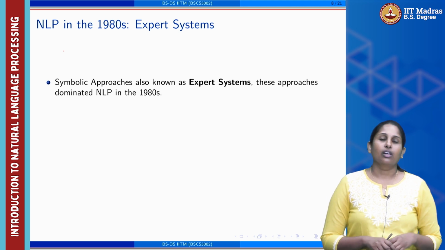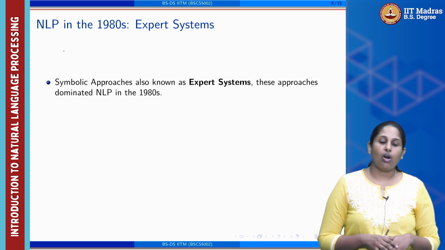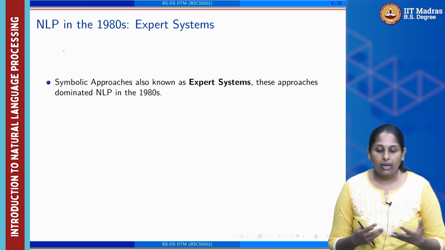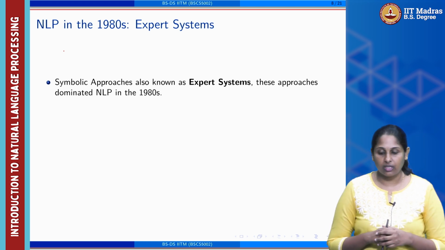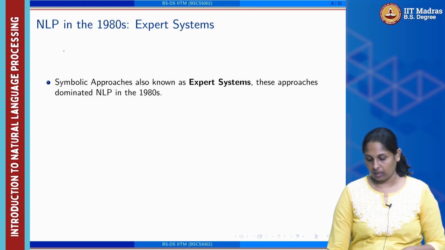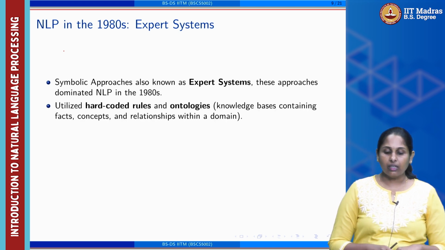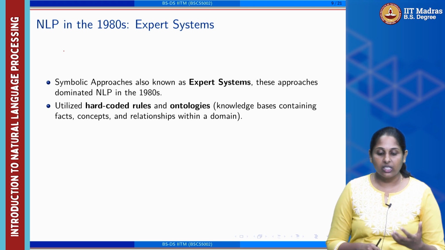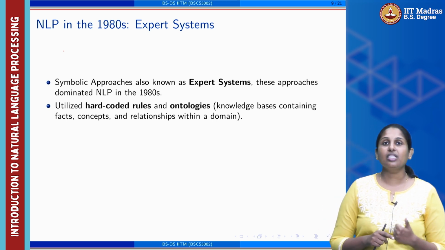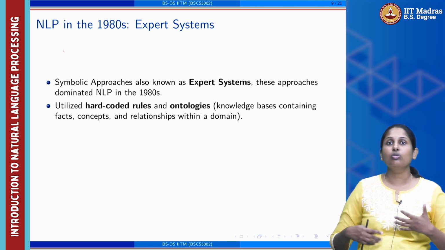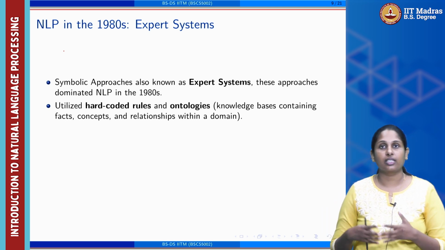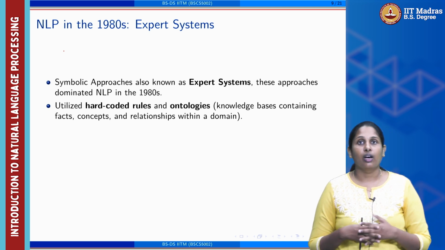Then in the 1980s, we could call it the period of expert systems. A lot of symbolic approaches, known as expert systems, dominated NLP research in the 1980s. Here, not only hard-coded rules but also ontologies were used, because the 1970s gave an idea on how to use different kinds of semantic knowledge in automating language information.